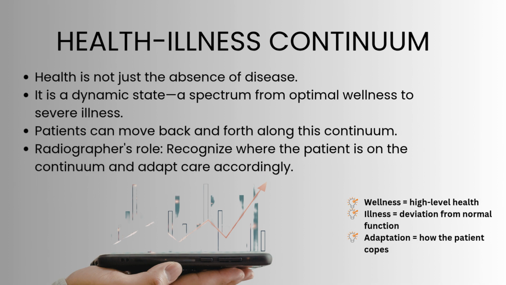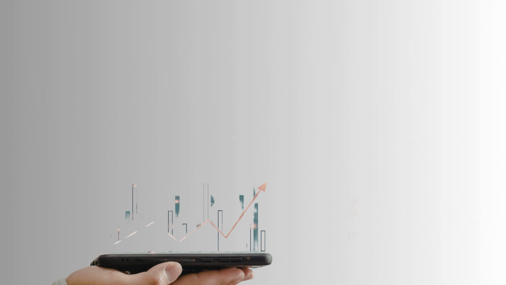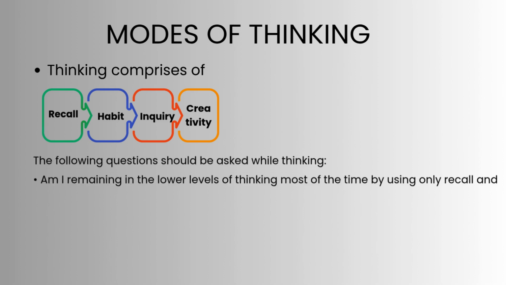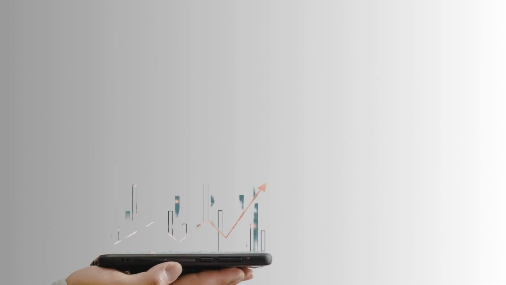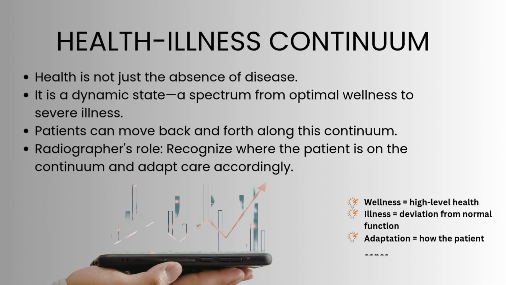Now let's dive deep. What's the health illness continuum? Your health illness continuum is a spectrum of health. And when you talk about health, health is not just the absence of disease, but a dynamic state and a spectrum from optimal wellness to severe illness.